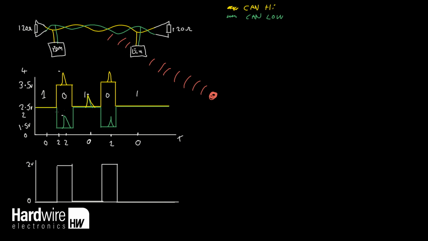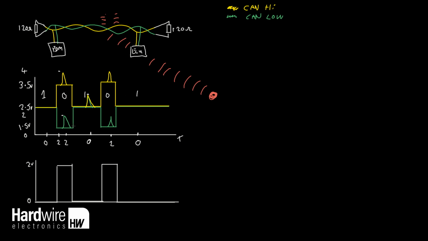So any wire that has data being sent on it like this will produce its own electrical noise, which is transmitted into the air, which could affect other devices in the vicinity. So the CAN high here will be transmitting out, the CAN low will be transmitting out, but importantly, because the CAN high and the CAN low wires change in opposite directions, so when the CAN high wire goes up in voltage, the CAN low goes down in voltage, and vice versa.